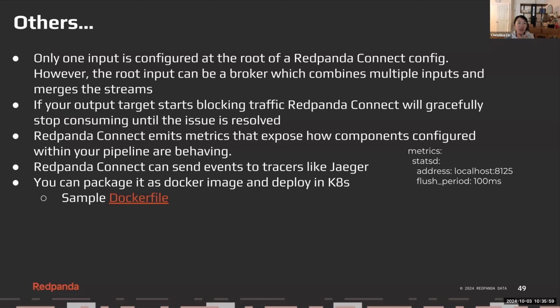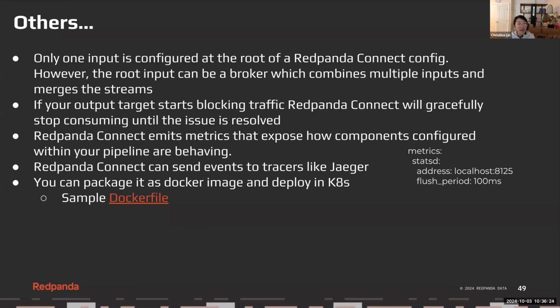If your output target starts to fill up, gets too busy, and is blocking the traffic, Redpanda Connect will gracefully stop consuming data, and then it will come back up when the blocking situation resolves.